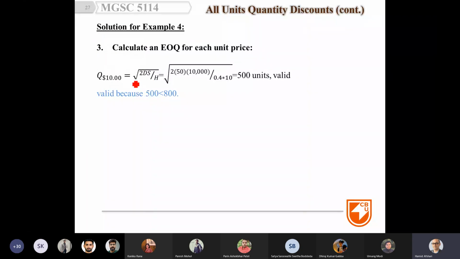I have to say that when the price is $10, the economic order quantity uses the same formula, but be careful because S is not changing, D is not changing. However, H is changing. Because H is changing, I have to say 40% of $10, which is $4. Okay, be careful. Many people make mistakes here. And at the end, how much is my economic order quantity?